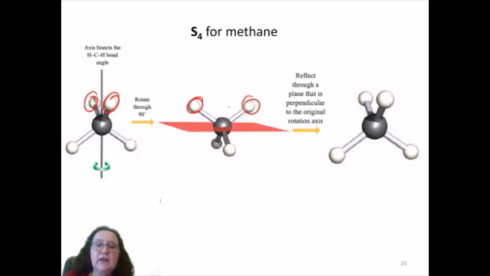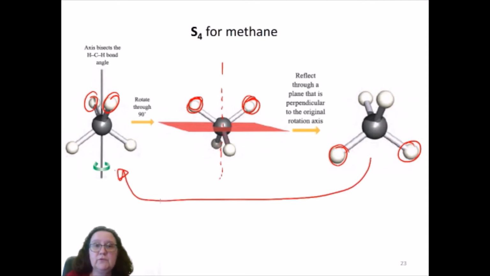And then if you reflect, and remember your axis is still here, if you reflect that molecule through a plane perpendicular to that rotation axis, your two hydrogens here now become those hydrogens here, and you end up with a configuration that is identical to the original one. So that is an improper rotation axis for methane, and in this case an S4. An S4 because it's a C4 symmetry axis. The rotation is 90 degrees.